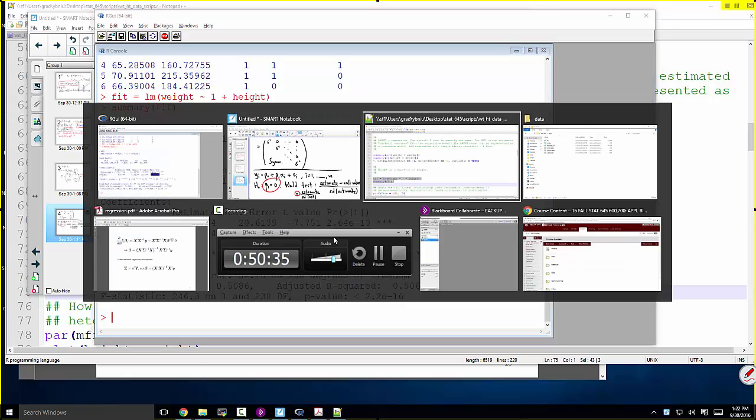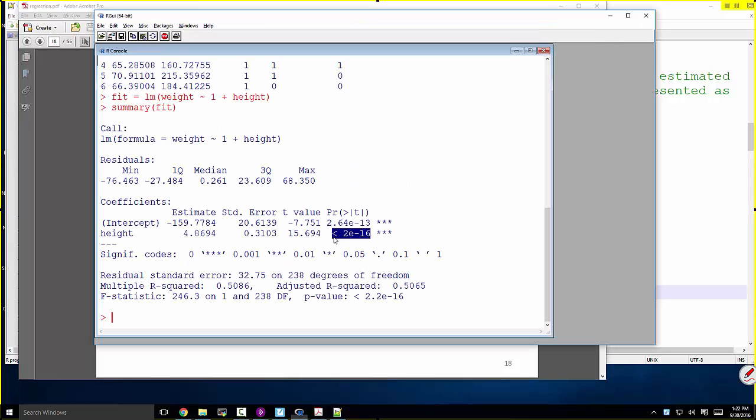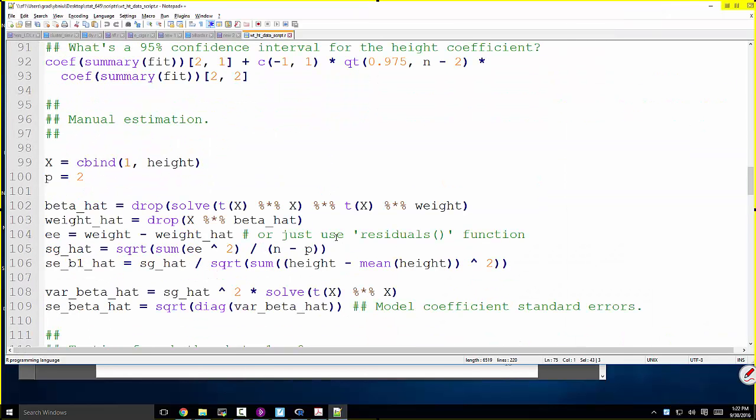What else did I want to show? Oh, let's match that. Let's see what it looks like to do this y equals X beta stuff. I have that down here. Line 99, beginning. I'm going to reproduce what we just did, but I'm going to do it manually.